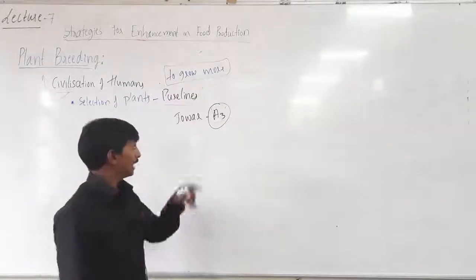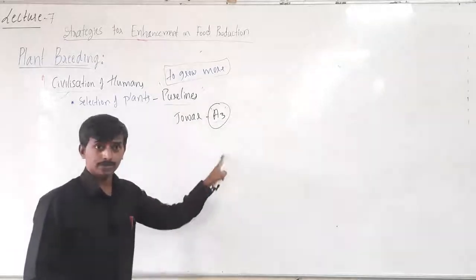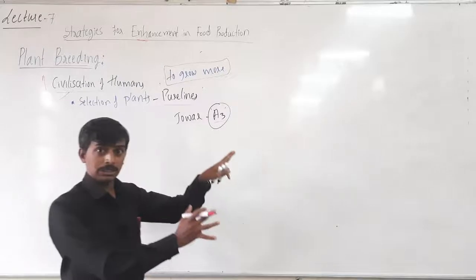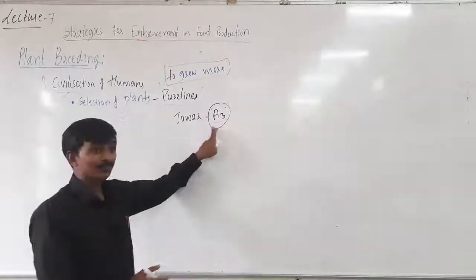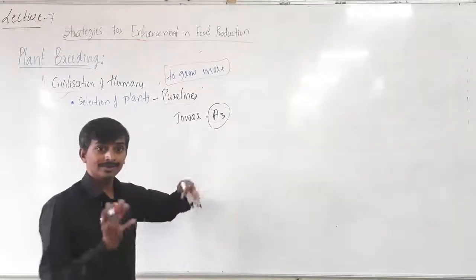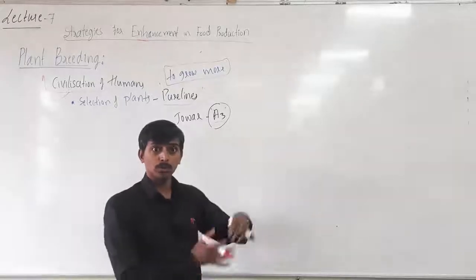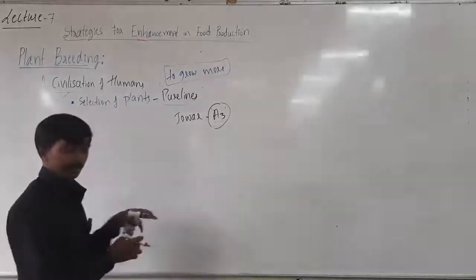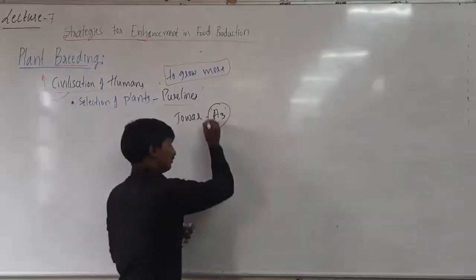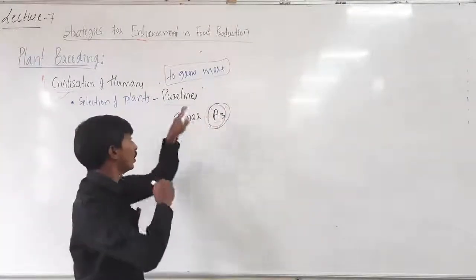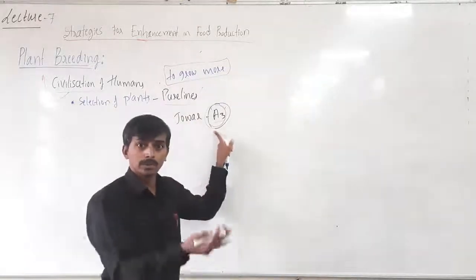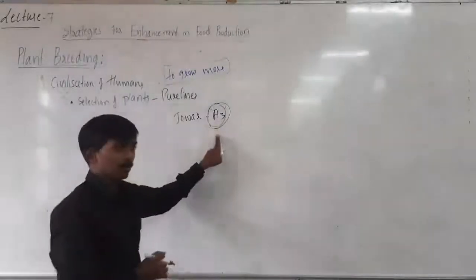Other farmers have other varieties of the jowar, A4, A5, etc. But this farmer in one village, by using this variety, is getting more amount of the jowar. So then those people thought that yes, this variety is a pure line. This variety gives more yield.